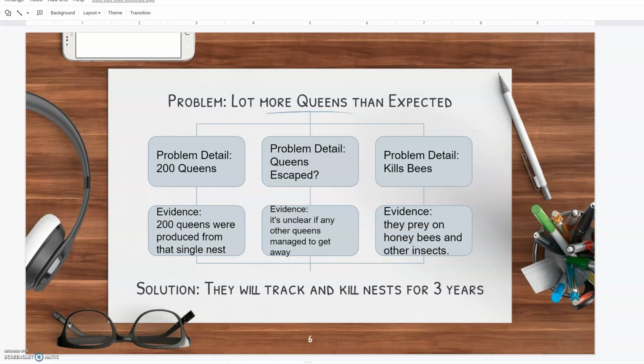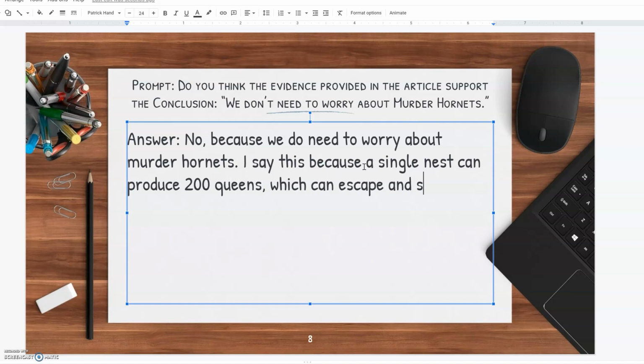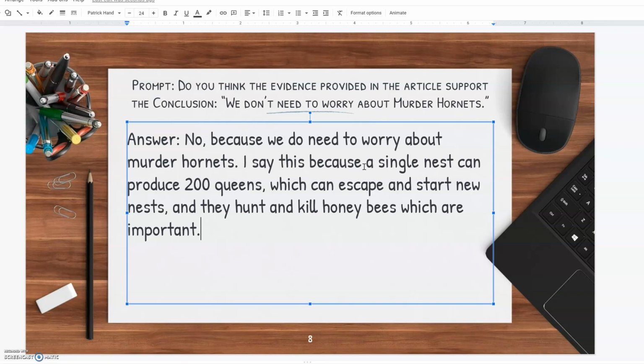I say this because a single nest can produce 200 queens, which can escape and start new nests, and they hunt and kill honeybees, which are important. That's a big long sentence to explain and support my answer to this prompt.